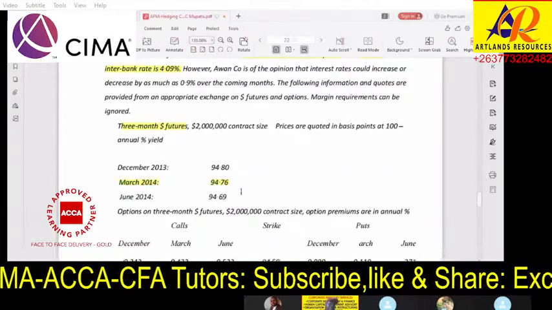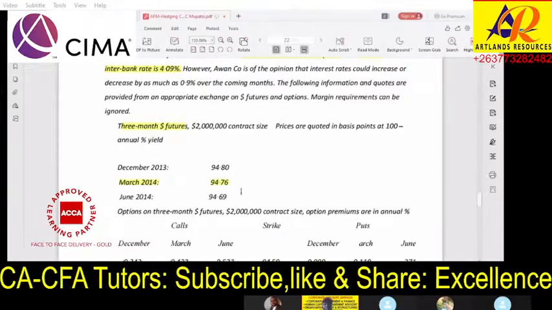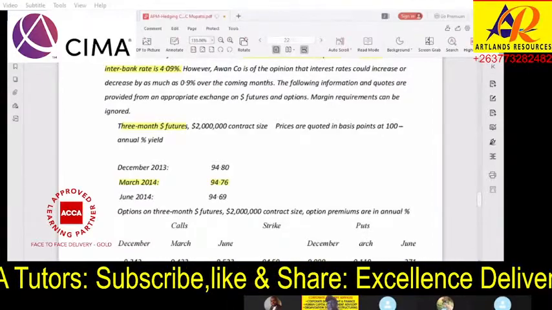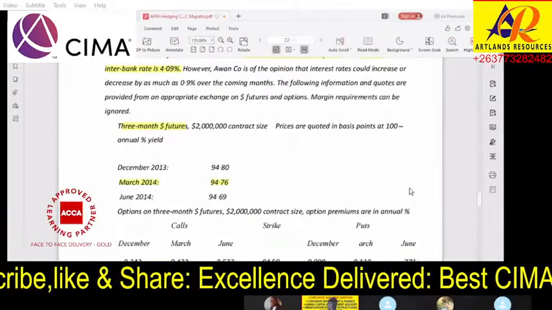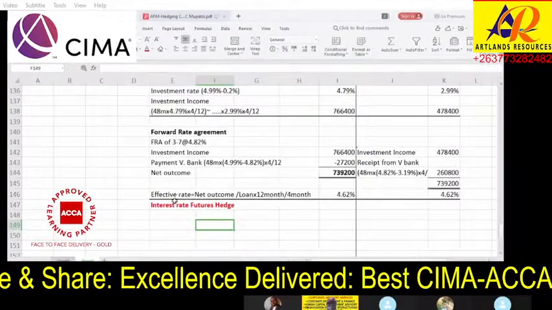You now understand. Now that we are going by March futures, do you buy or sell? You are a lender. A lender buys. So that statement is to be written here.